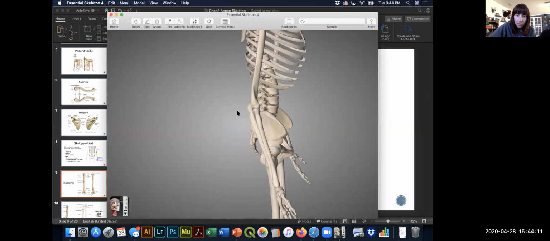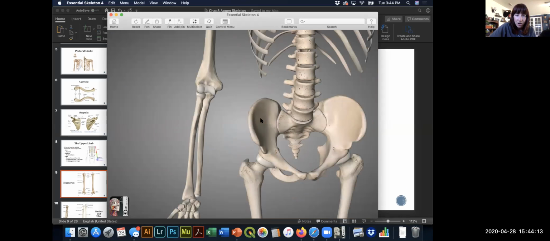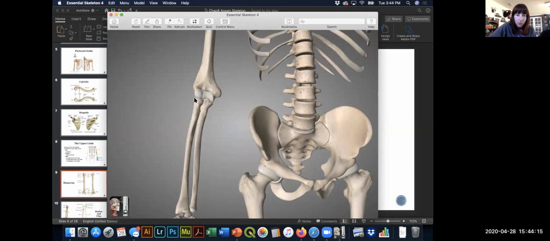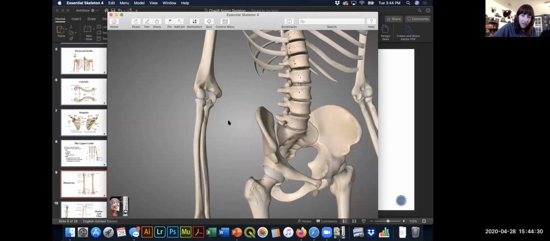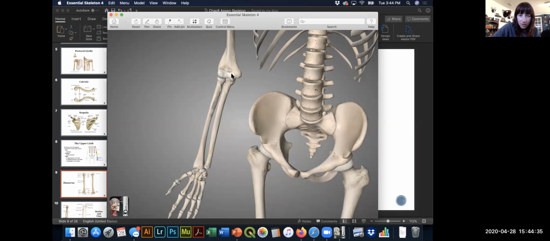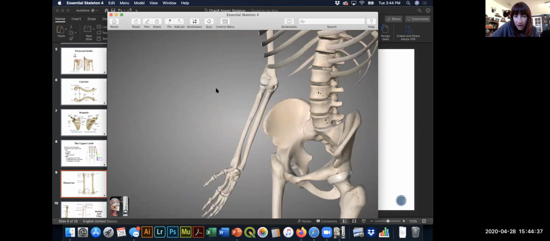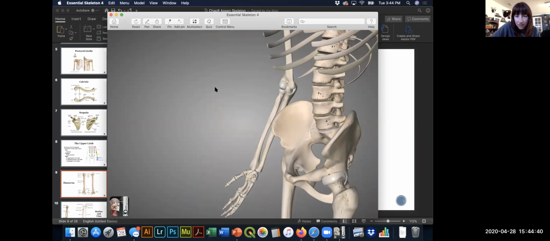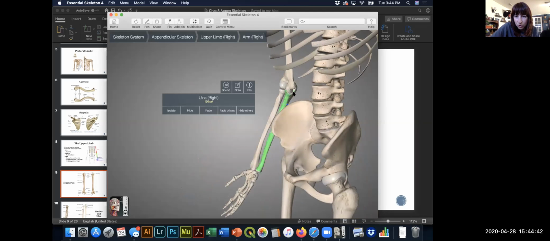So we can see on this extended arm, the radius and the ulna. If you were to flex this arm all the way up like this, that head of that radius would fit into this little radial notch right there. And as you can see, the trochlea of the humerus is being wrapped up by the U-shaped trochlear notch of the ulna, right?